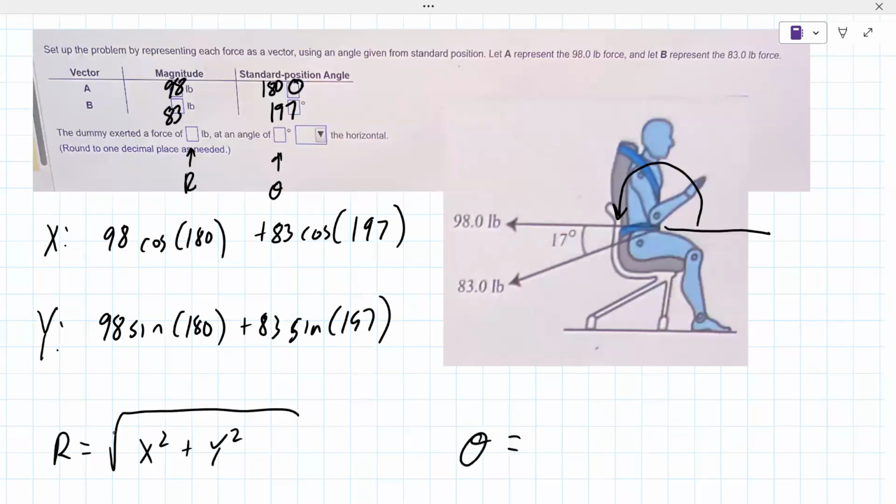And then the angle is the tan inverse of Y over X. So I'll do some of these calculations here so you can have them in case you want to look at it later. You'll do this all the time in physics if you end up taking a physics class. Make sure your mode is in degrees.